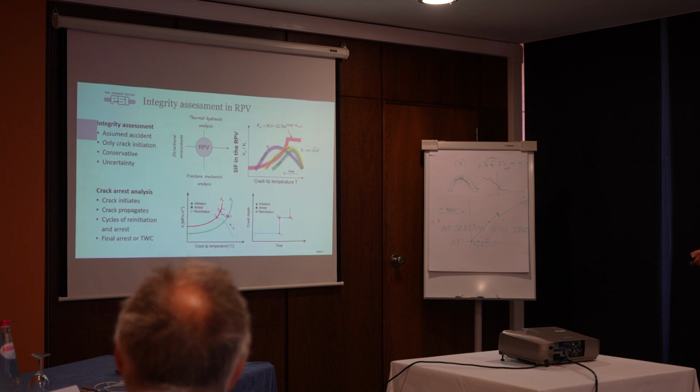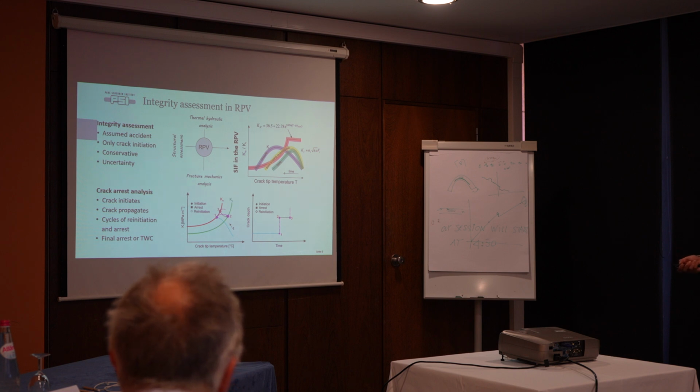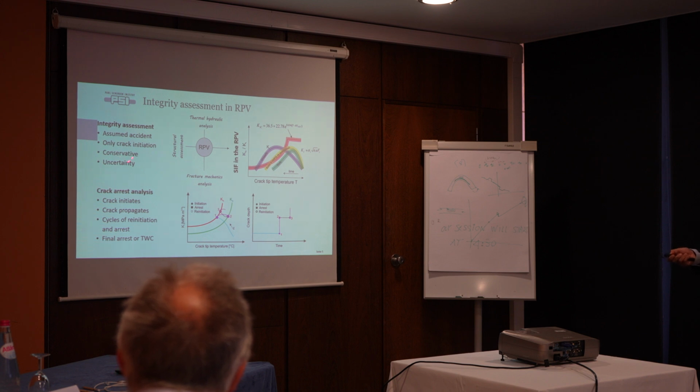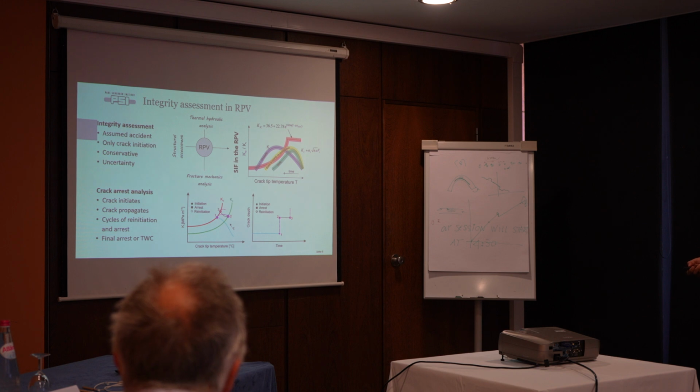So how is the integrity assessment done in RPVs? Basically we assume an accident, a PTS, and include an initial defect, but the point in this kind of analysis is that the assumptions are very conservative and don't account for uncertainties. The analysis is divided into different steps, as you can see here: thermohydraulic analysis, structural assessment, and fracture mechanics.